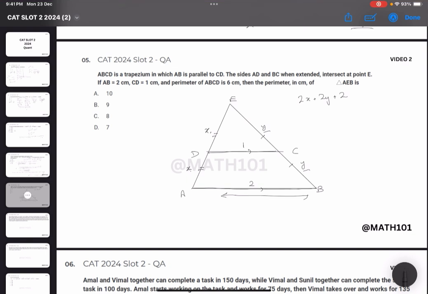And the perimeter of ABCD is x plus 1 plus y plus 2, which is 6, which implies x plus y is 3. Putting the values here, 2 times x plus y plus 2 is the required answer. So 2 times 3 plus 2 is equals to 8. So answer is C.